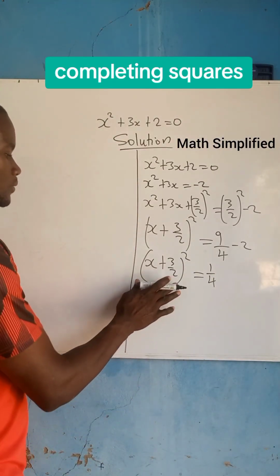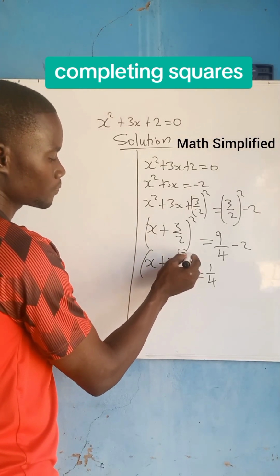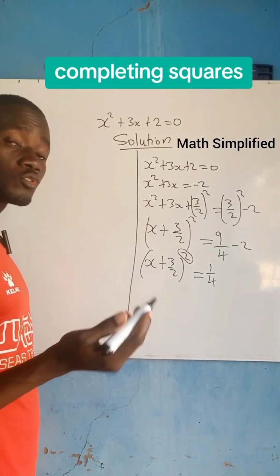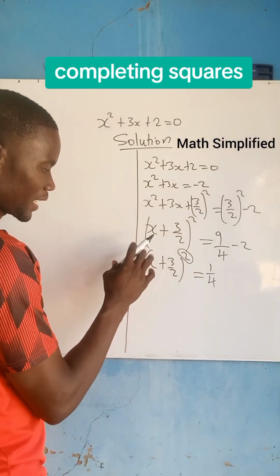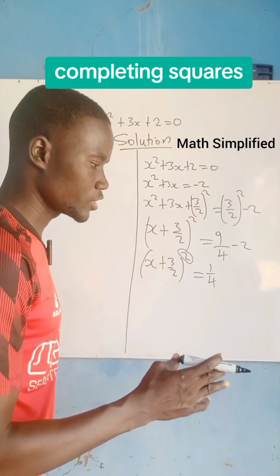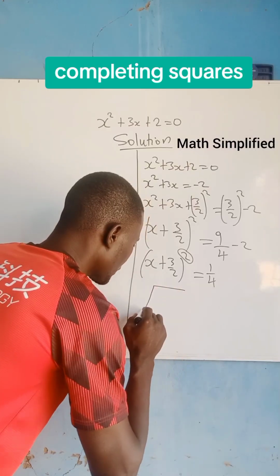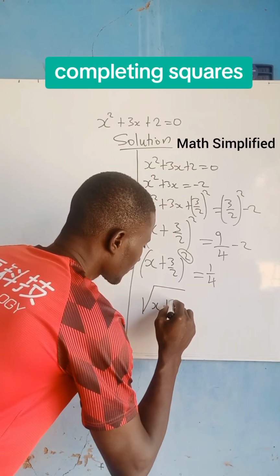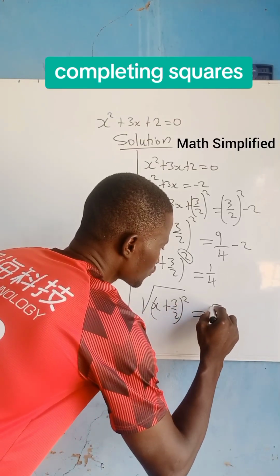Okay, now what you need to do next is to do away with this particular exponent here. How do you do away with this particular exponent? Since the exponent is 2, we can apply square root at both sides of the equation to remove it. So let's apply square root here and also apply square root here.